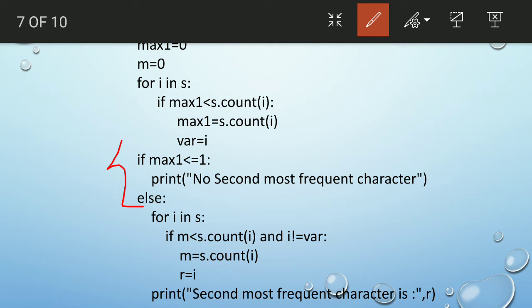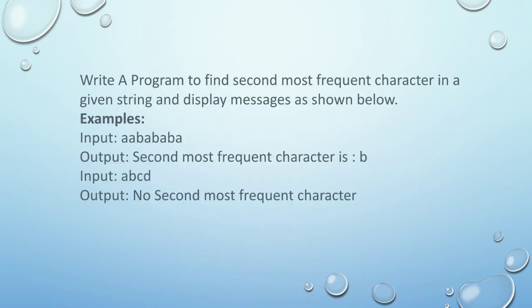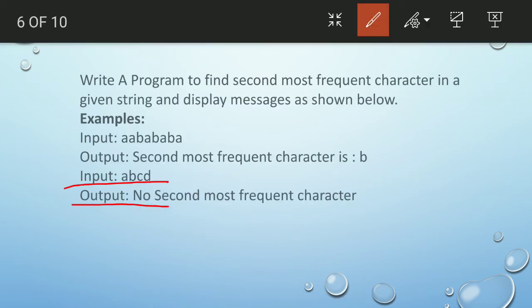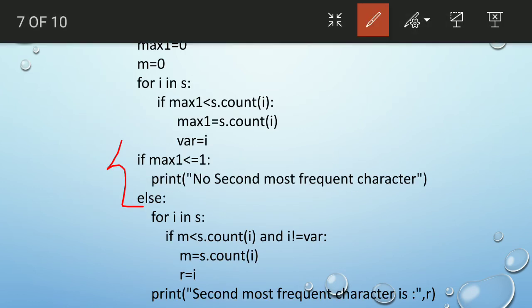I put this if because of this input. Because of that second input, there is no second most frequent character. So for that one, I put the if condition. See here, if max1 is less than or equal to 1, because at least one time any element will occur.